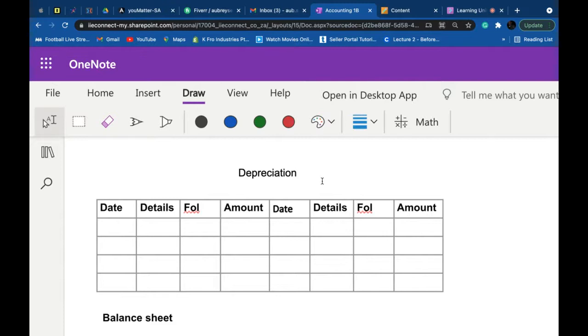Has it been shared on the WhatsApp group? Question 3.1. Not yet. Are you on WhatsApp? Can you share? Yeah, please.